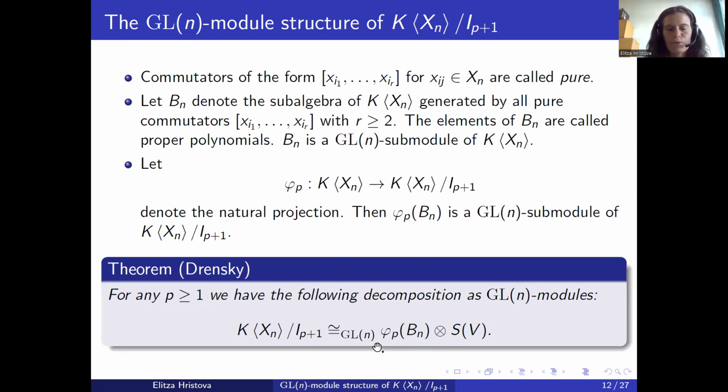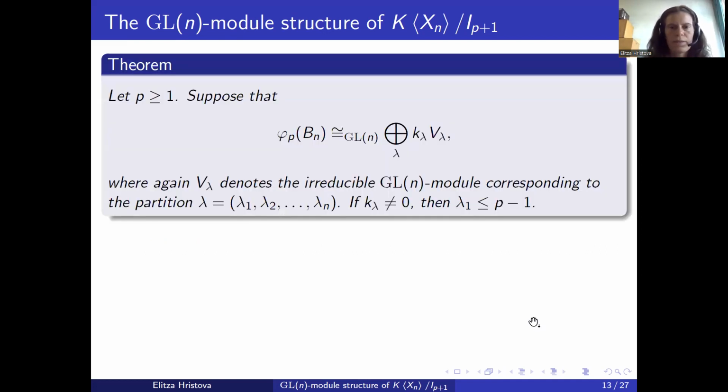We are first going to focus on the subalgebra of proper polynomials, and this is our result for this subalgebra. If we write its decomposition as a GLN module in this form, then our statement says that an irreducible GLN module V lambda appears with non-zero multiplicity in this decomposition.